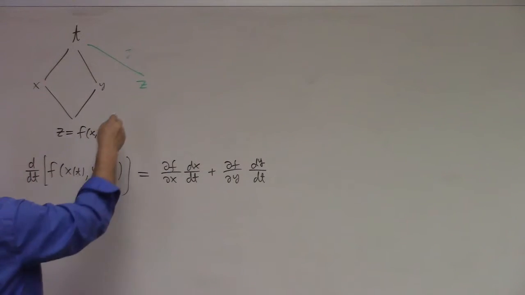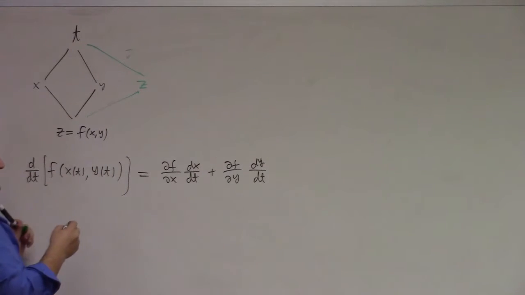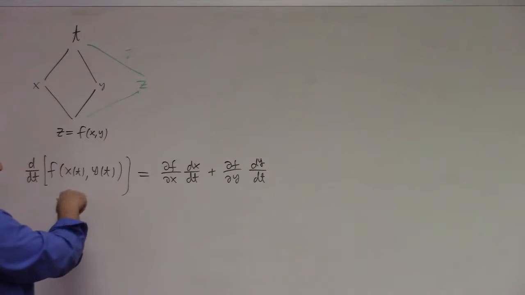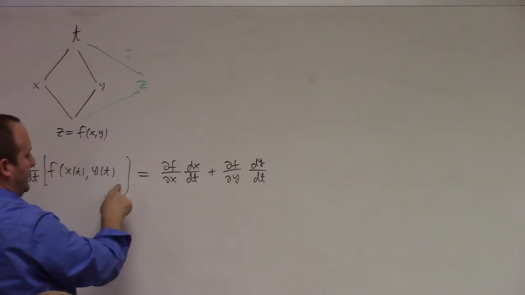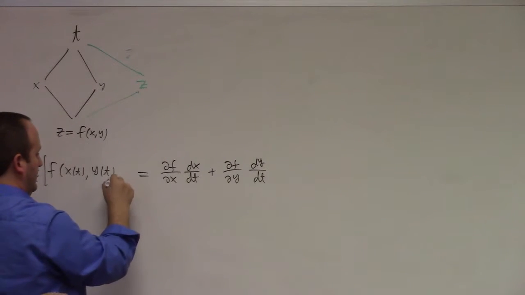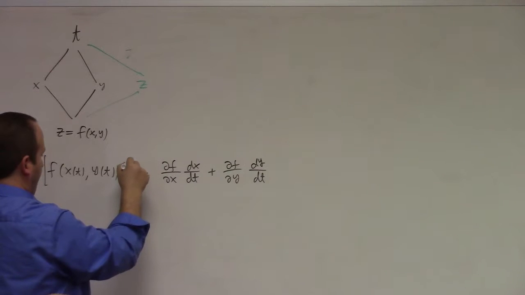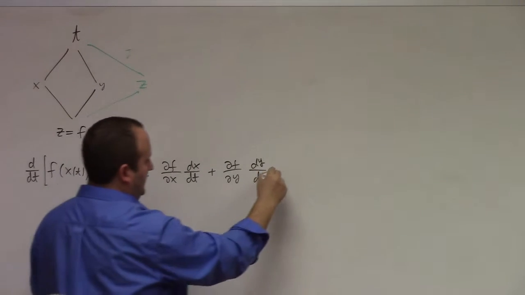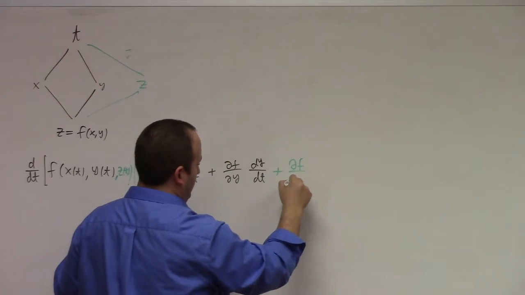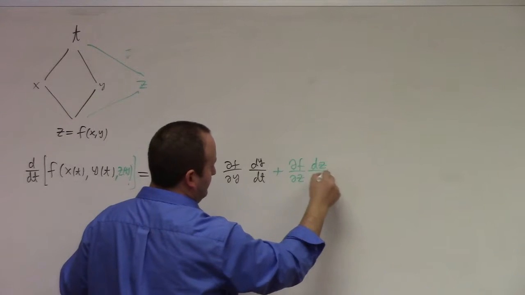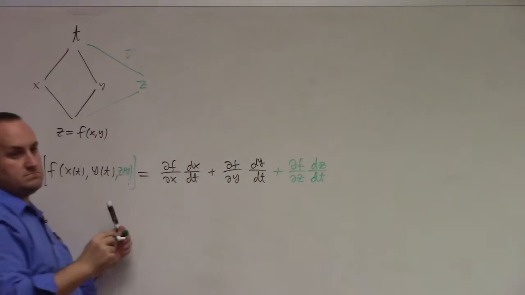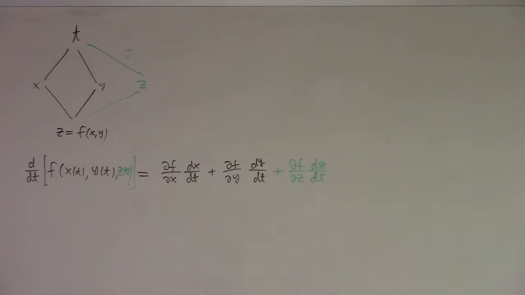And then coming back down here, what happens is you just do what? So I just add one more argument, right? Then I just have partial f, partial z, dz dt, right? Okay.